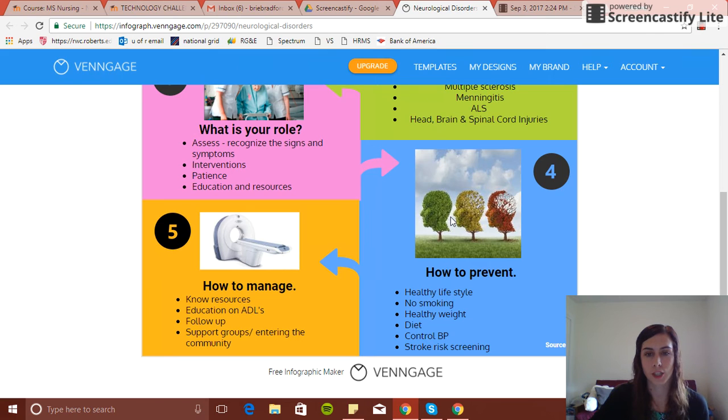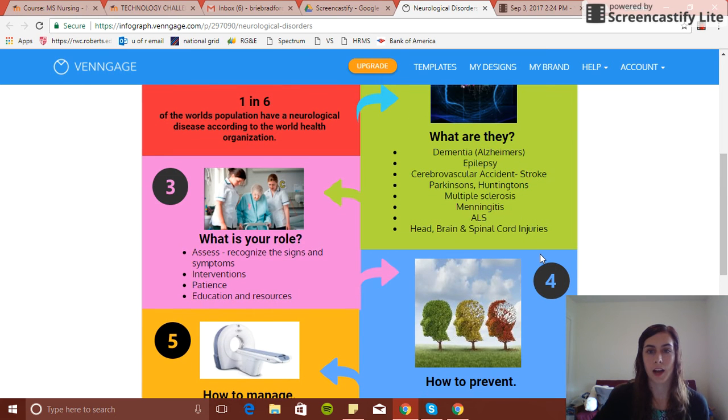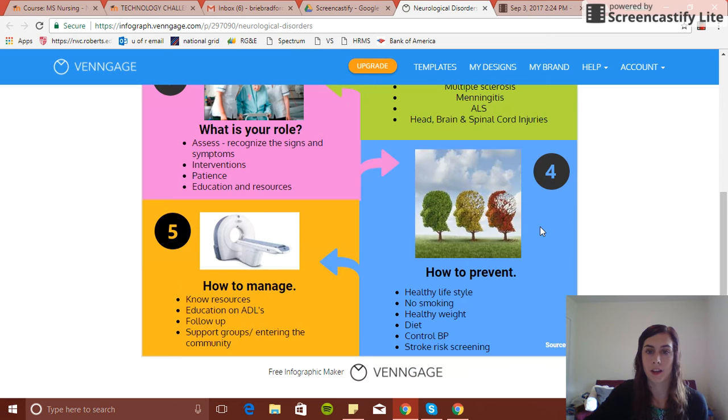I just love this picture because it shows over time what can happen to our brains and our neurological function. And even mental health could be a big topic, but that would be a whole other thing. But in my research, I kept coming across things that talked about mental health, and I think your mental health is definitely affected by all of these conditions, especially if it's something that's chronic.